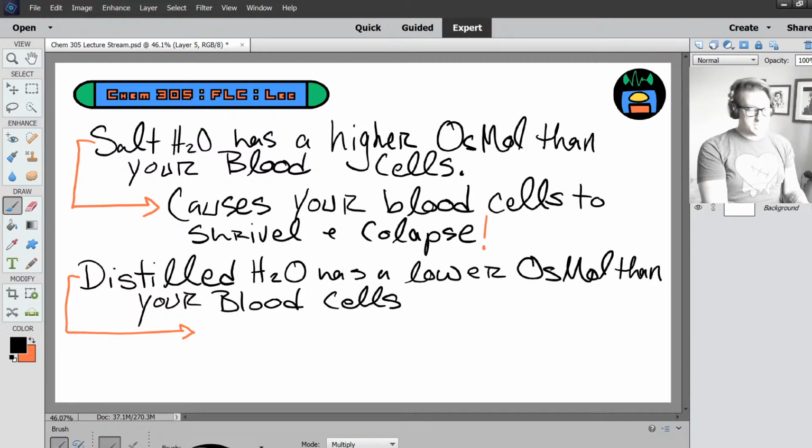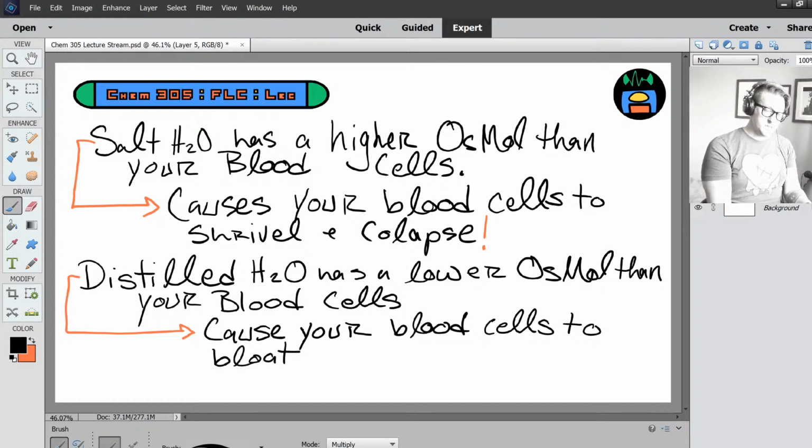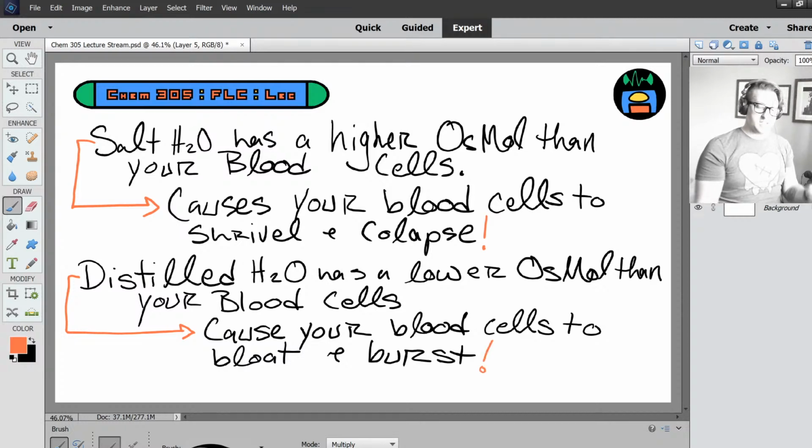If you drink too much distilled water, it will cause your blood cells to bloat and burst. The opposite thing will happen, because all of a sudden you've got solvent flowing from your bloodstream into your blood cells.